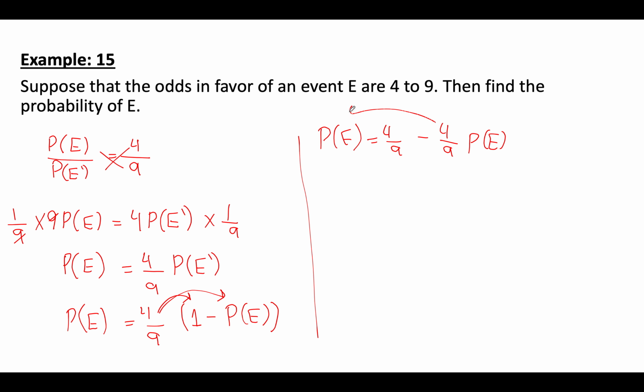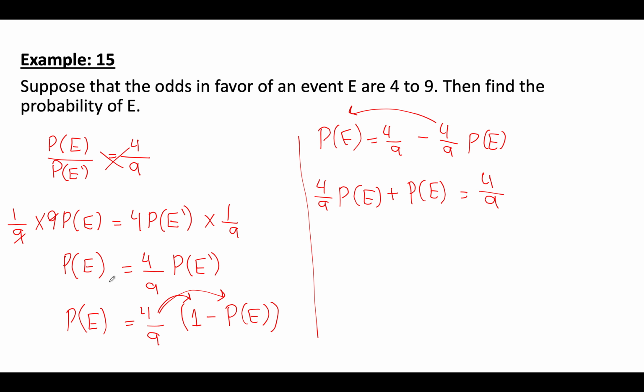So we will take this in here. So we get that 4 over 9 P(E) plus P(E) equal to 4 over 9.